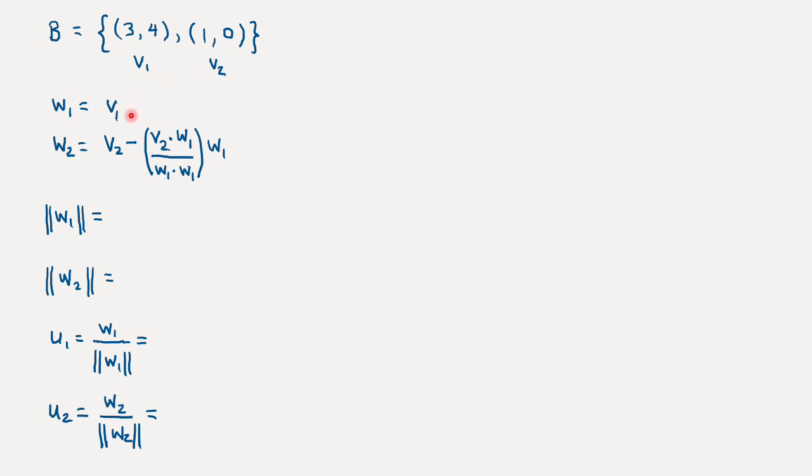So the way that we start is by setting the first vector w1 equal to the first vector that we already have, v1, and then the second vector w2 will be v2, the second vector that we already have, minus the projection of v2 onto w1.